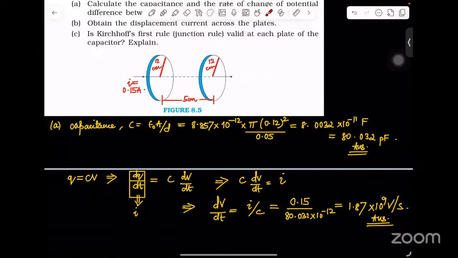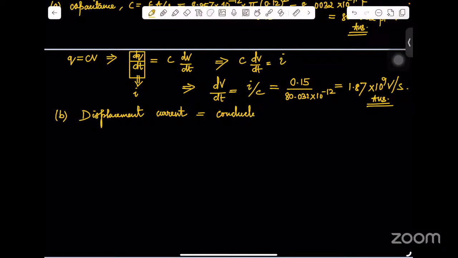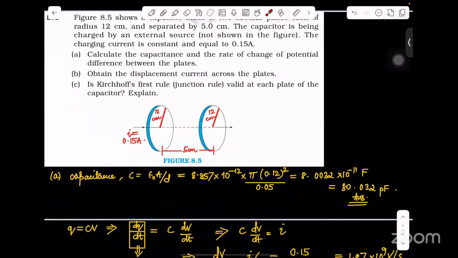So for the second bit, the displacement current is equal to the conduction current, which is 0.15 amperes, which is given to us. So there is no rocket science in here. Let's move on to the third bit of the question.